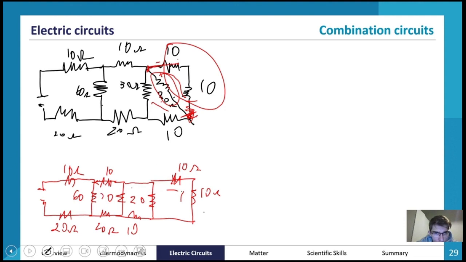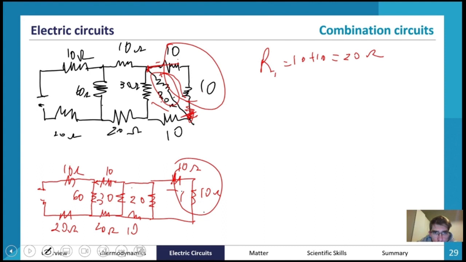So hard to draw with your finger. But yeah. So the total resistance of these two, they are in series. That would be 10 plus 10, so that would be around 20 ohms.